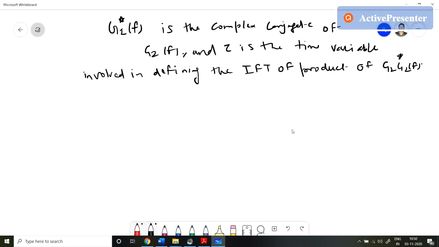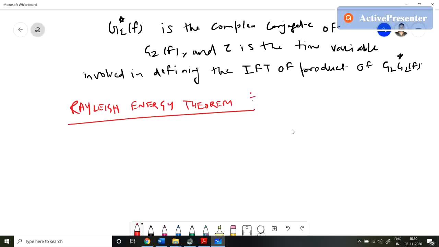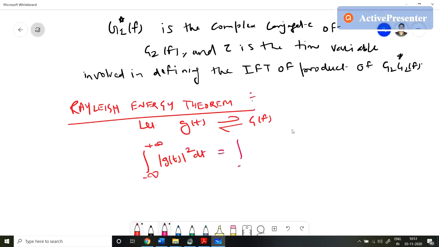So next is our Rayleigh energy theorem. According to this theorem, if g(t) has Fourier transform G(f), then the integral from minus infinity to plus infinity of modulus of g(t) squared dt is equal to the integral from minus infinity to plus infinity of modulus of G(f) squared df.